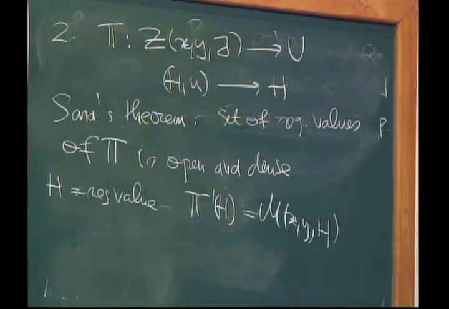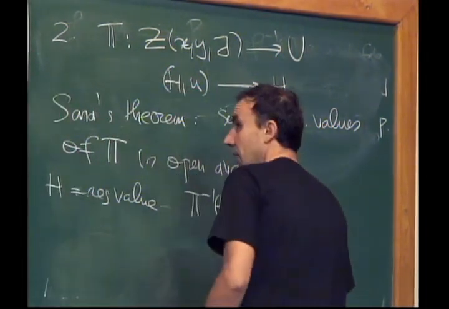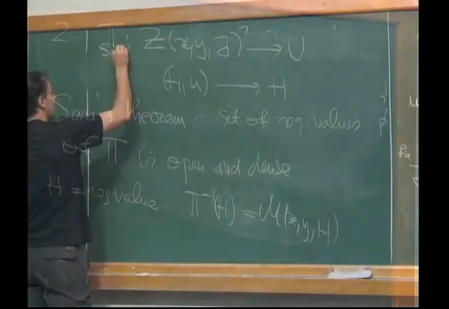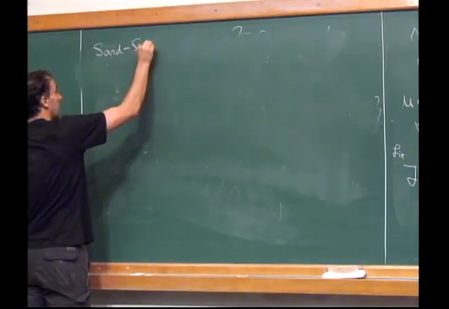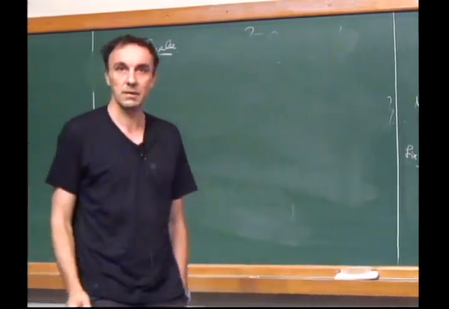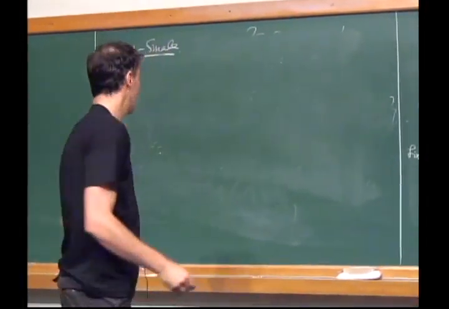So this was the plan, but this plan does not work because the Sard theorem I stated there is not valid in infinite dimension. In infinite dimension, the relevant statement is called Sard-Smale, and Sard-Smale is the following.